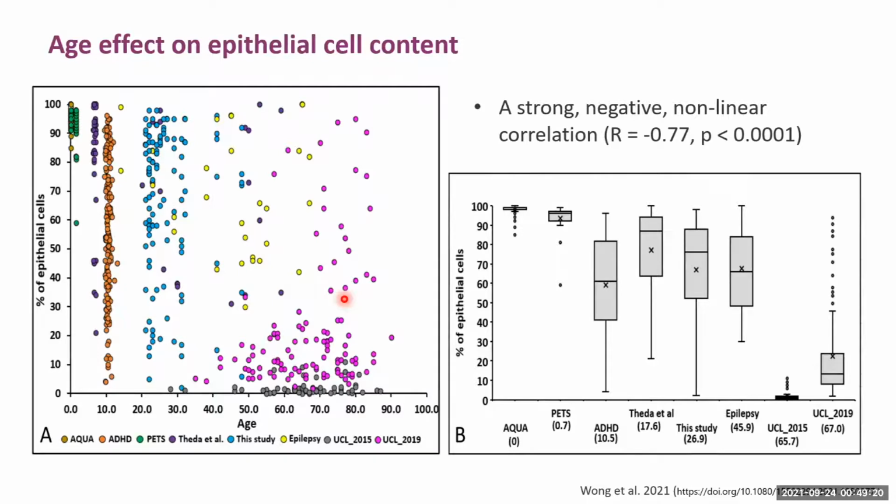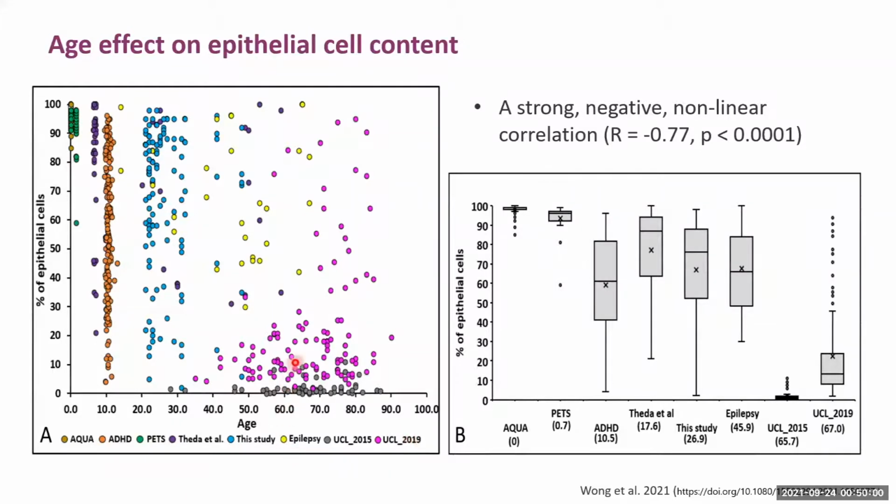To investigate possible age effects using epithelial cell content estimated using DNA methylation, we combined both buccal swab and saliva data from this study with 7 of our other Infinium array studies, including 3 published and 4 unpublished. Image A on the left-hand side compares age versus percentage of epithelial cells for 8 of our array studies, including this study.